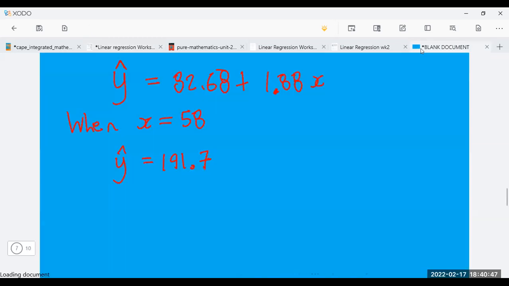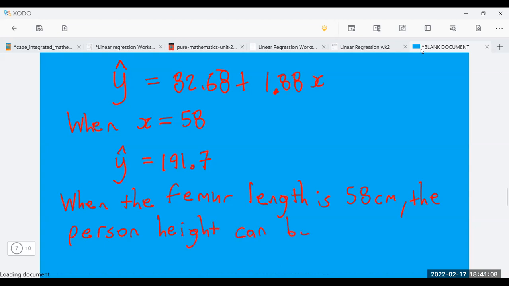In other words, what we tell them is, when the femur length is 58 centimeters, the person's height can be expected to be 191.7 centimeters.